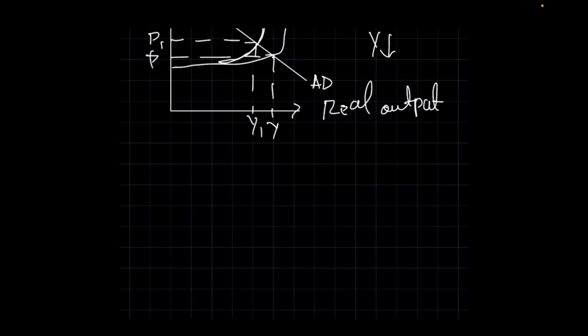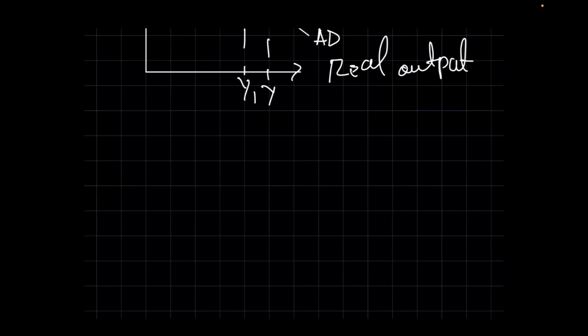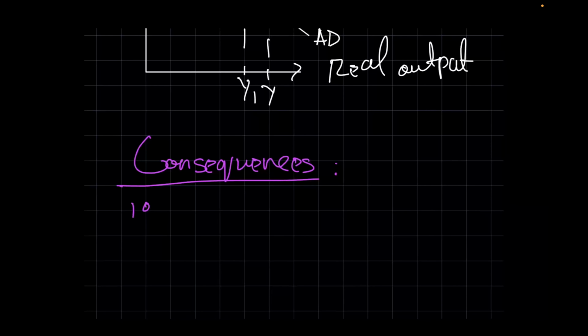Now let's look at some important consequences of a recession. Firstly, the most obvious one is your fall in real GDP. This will link to a lot of the things that we're going to talk about.